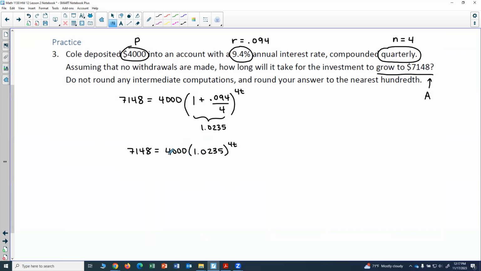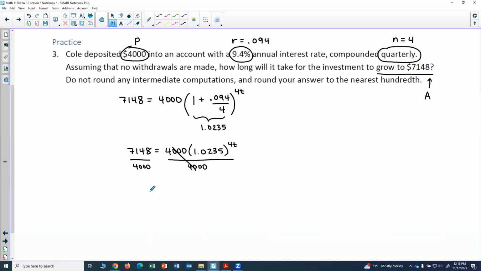Now it looks very similar to some of those exponential equations that we solved in previous lessons. So I'm going to divide by 4,000 on both sides to get rid of the coefficient in front of your exponential term. So those 4,000s cancel.